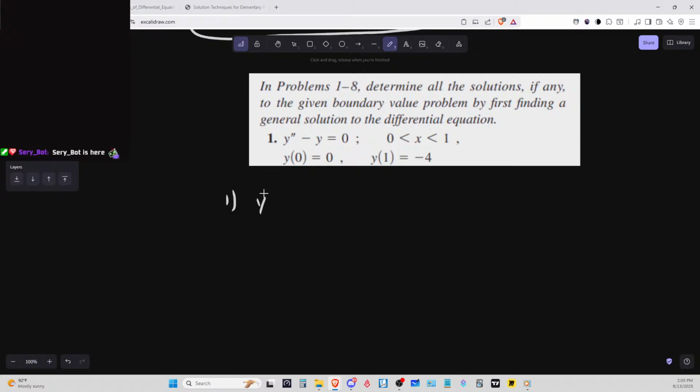Okay, so we got minus, meaning that if we have m squared equals 0, we are left with m minus 1, meaning that m is equal to 1 and m is equal to 0.